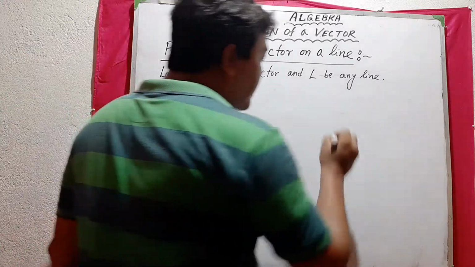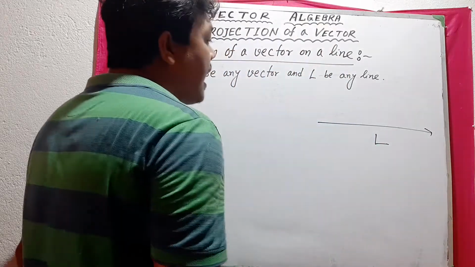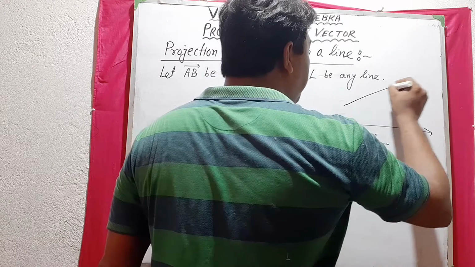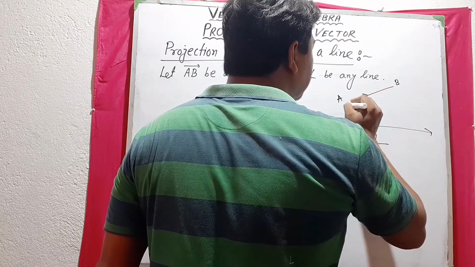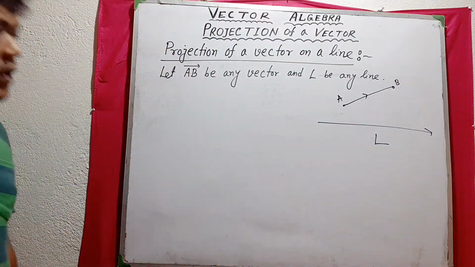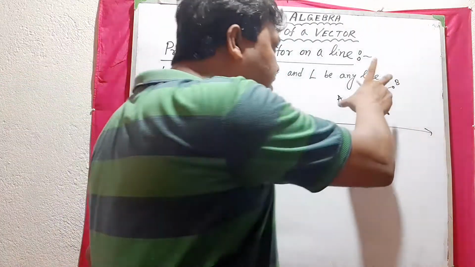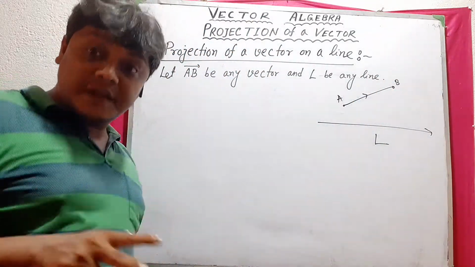L is the line, any line, and AB is any vector. We have to determine the projection of AB on L. So what does it mean, the projection?